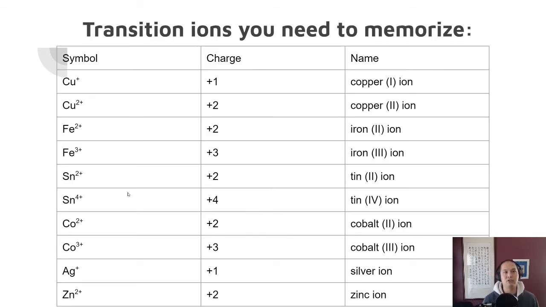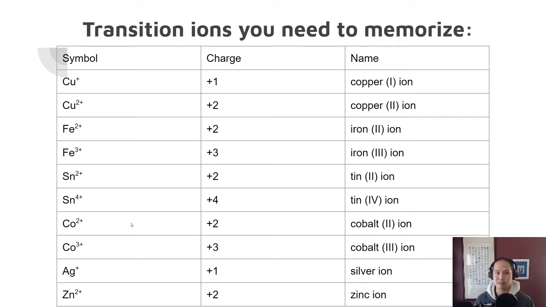So these are the transition ions you need to memorize. I'm not going to go over them all right now, but there are 10 that you need to memorize. Copper, iron, Sn is tin, Co is cobalt. If we were in person, I would give you note cards and tell you to make flashcards for yourself.